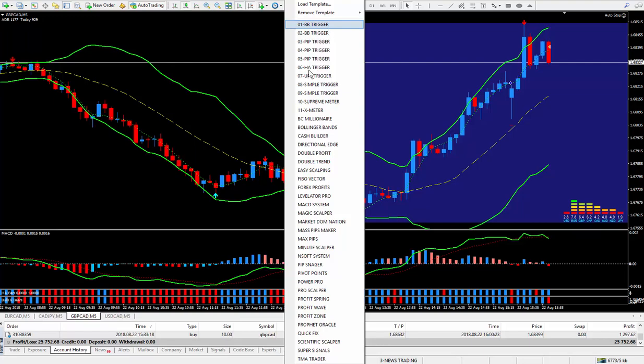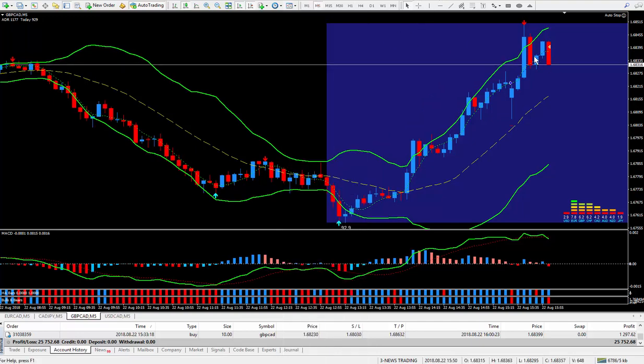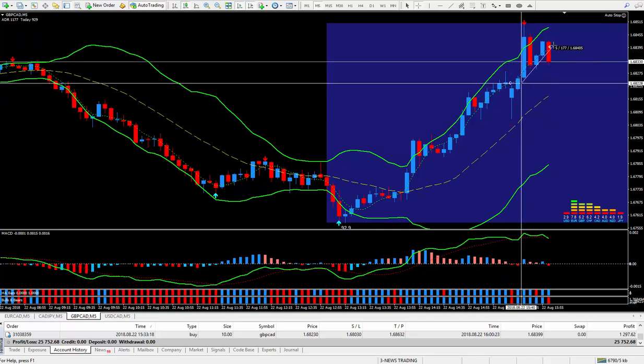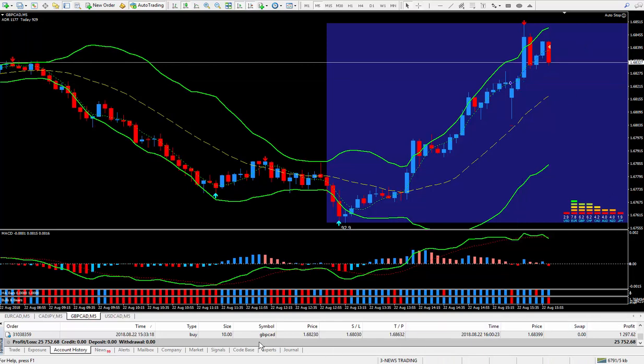Once you master one, the other ones just fall into place. Looks like I got the timing pretty accurate. Got in at this cursor here and I got out there. It's about 17 pips.